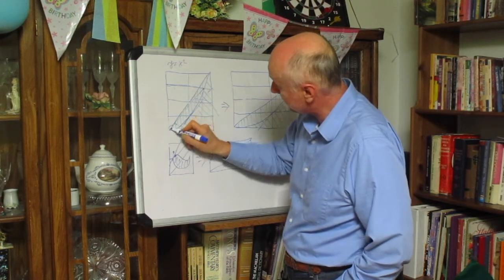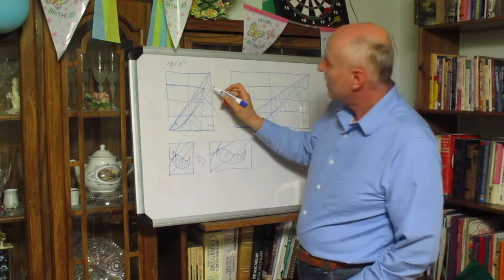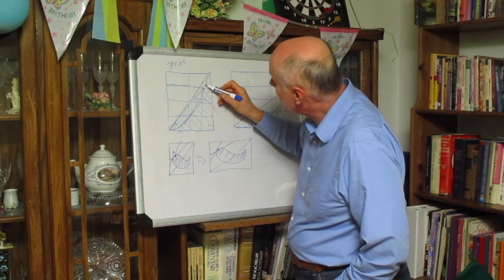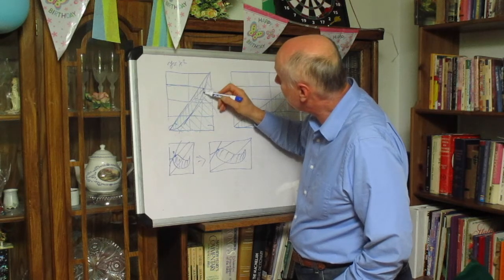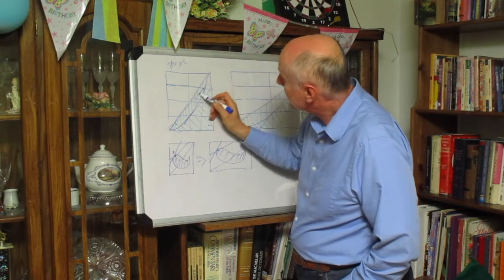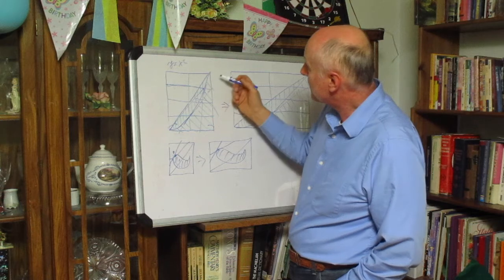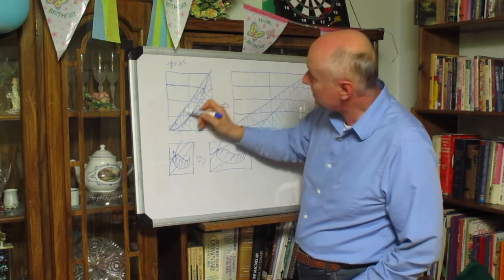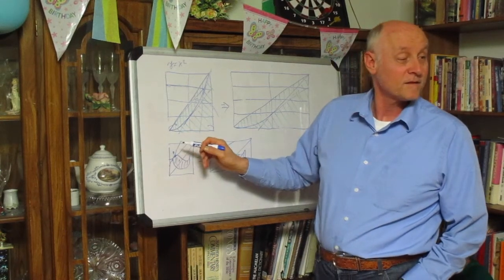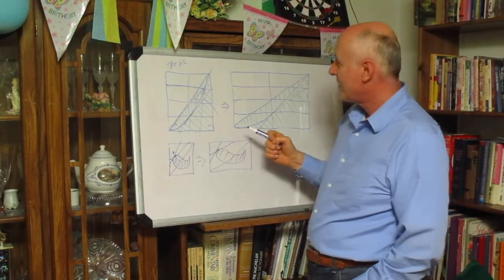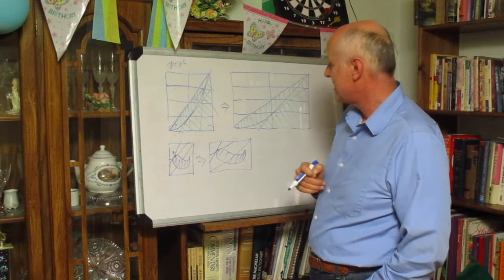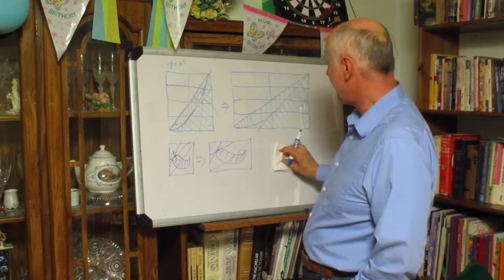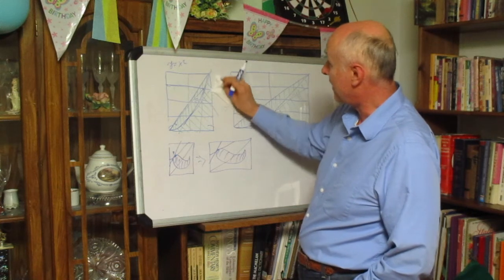It looks pretty messy, but the ratio of this point to this is the same as the ratio of this tangent to this tangent. You see it? Maybe not. That looks kind of a messy thing. We'll have to hit this again.